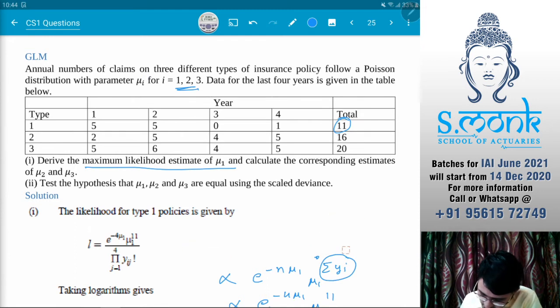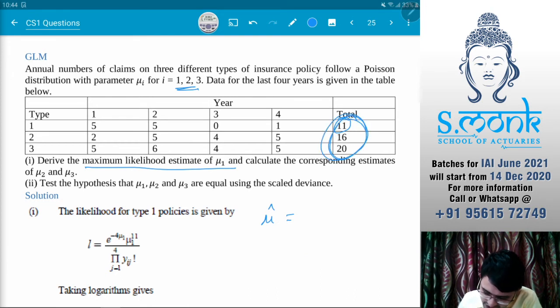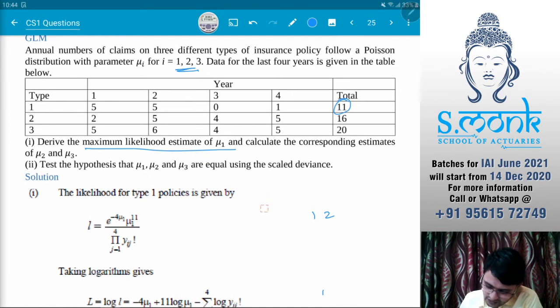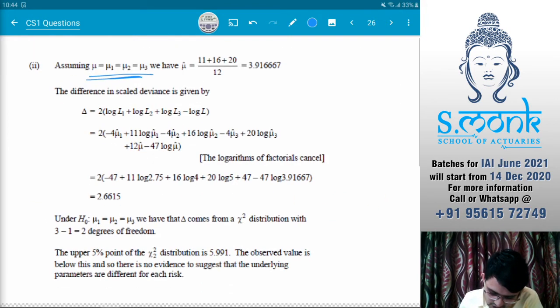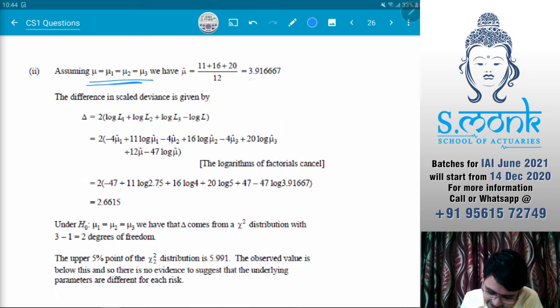So for mu hat, our parameter is going to be the addition of all these divided by the total number of values, 12. So we have 11 plus 16 plus 20 upon 12. This becomes mu hat. That way you can calculate a model that has a single mu hat, or another model where we have 3 different mu hats.